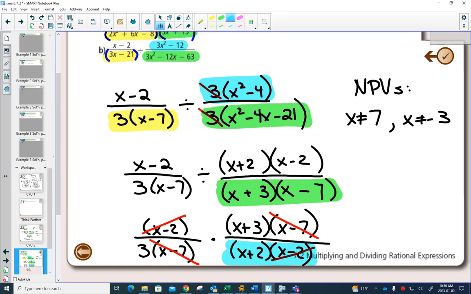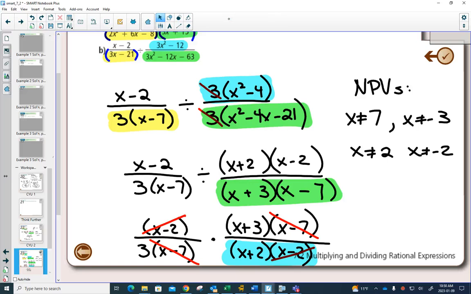But now that it's factored, we also have that x can't equal 2 and x can't equal negative 2. So we have 4 non-permissible values in this one. That can be tricky if you flip too soon.